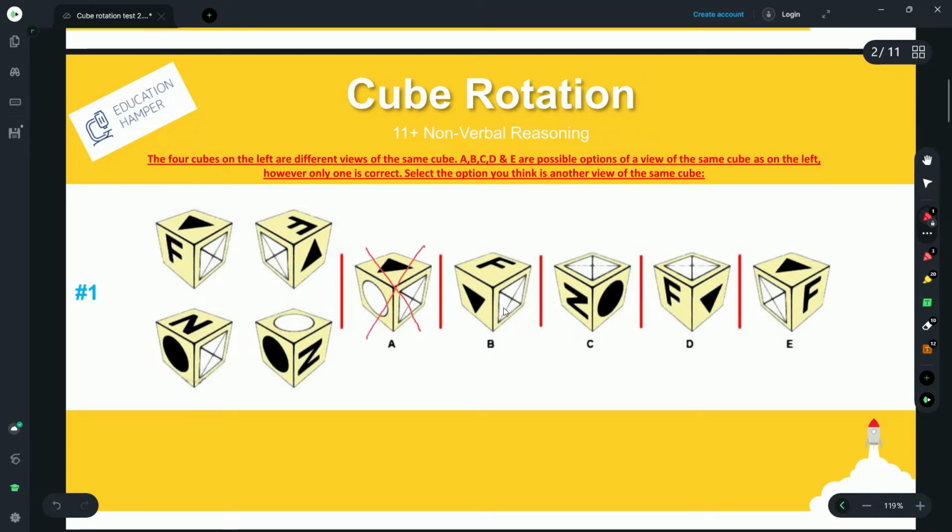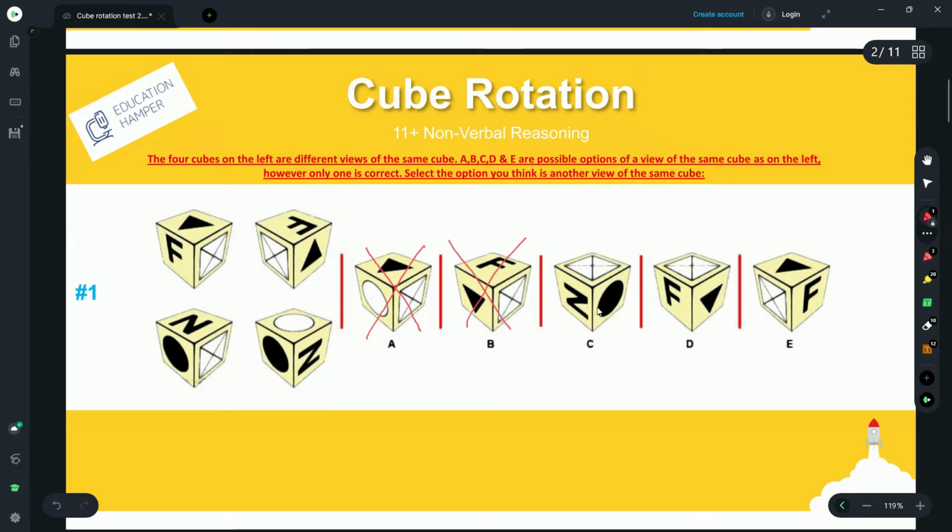Next, F, square and a triangle. We have that in both patterns, but here the F points towards the edge of this square, which it does there as well. However, the bottom of the F in this example points towards a triangle, whereas in this case the triangle points towards the top of the F. So the F's are in the wrong position, so we can cross that one out.